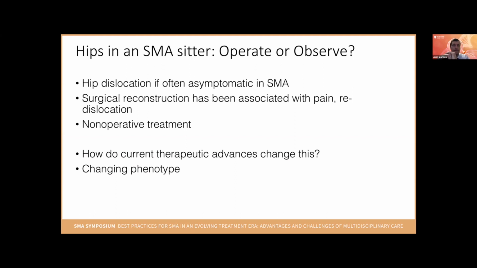This might lead patients we previously thought to not have ambulatory potential to have ambulatory potential. And even if they don't, increased muscle strength around the hip joint might put them at higher risk for having pain later on. So some surgeons are advocating more aggressive treatment for containment of the hip. The jury is definitely still out on this in our field.